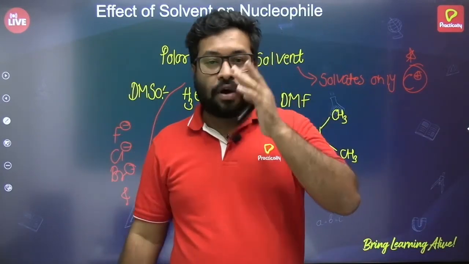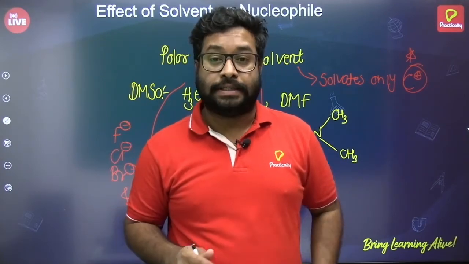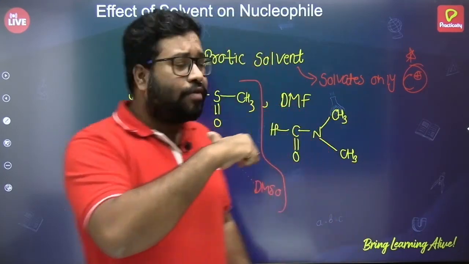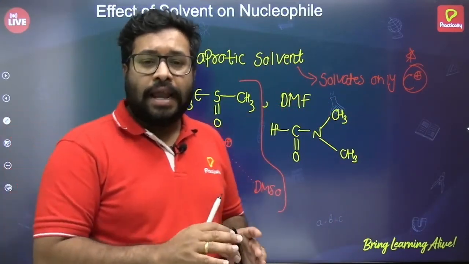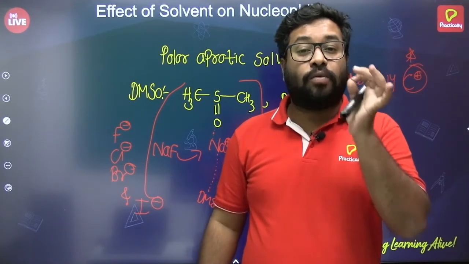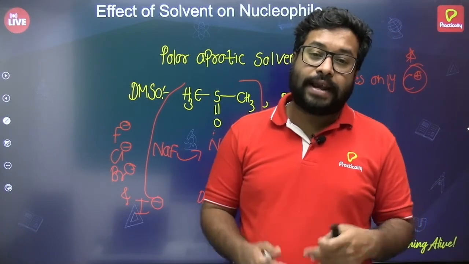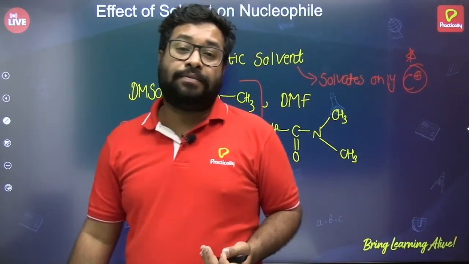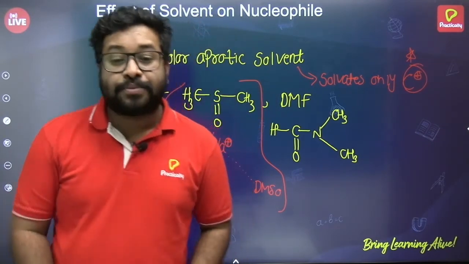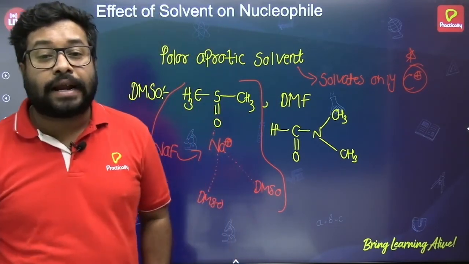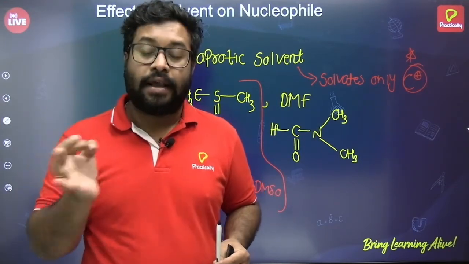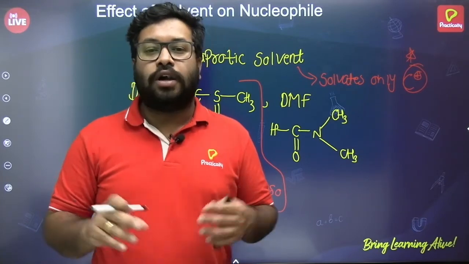Now the nucleophilicity order would run parallel with the basicity. As I told you, these solvents do not solvate the anion at all. They solvate only and only cations. Therefore, the anion is completely free. When the anion is completely free, the order will be decided by the intensity of the anion. Higher the intensity, stronger the nucleophile.